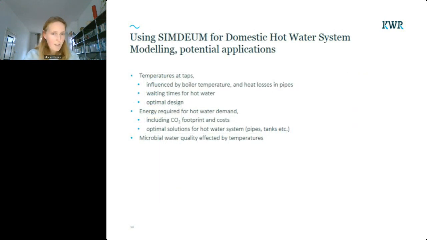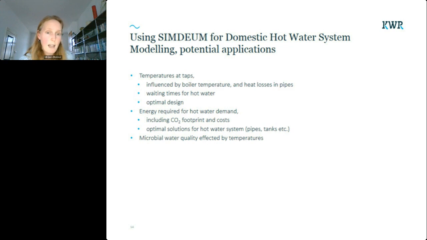So the final slide, you can use this model for various more things, and Jim also indicated a few that he would like to see, and some of them we did. So we did model temperatures at taps, and you can see the effect on waiting times, and you can therefore look at a more optimal design for your system.